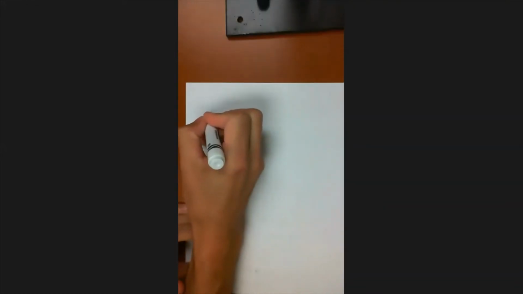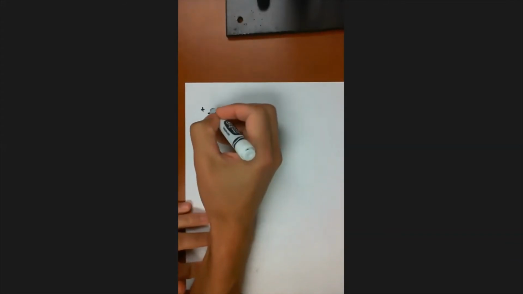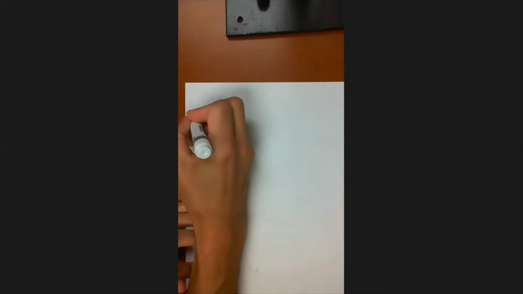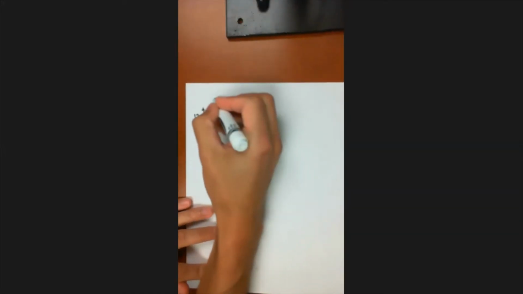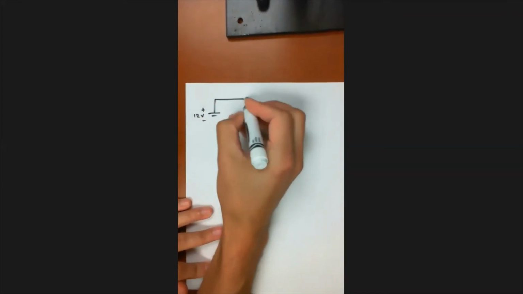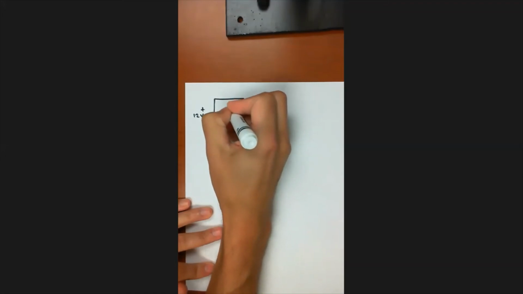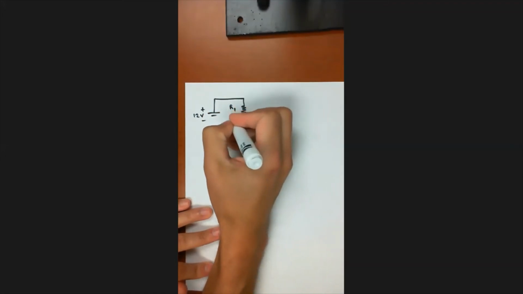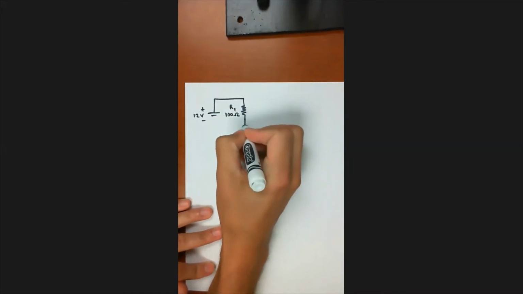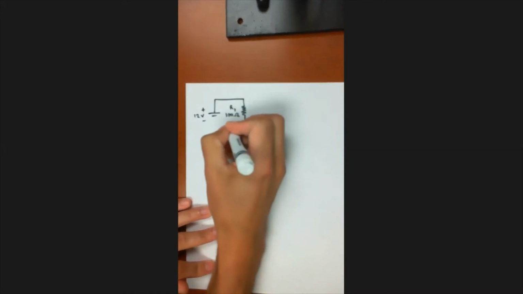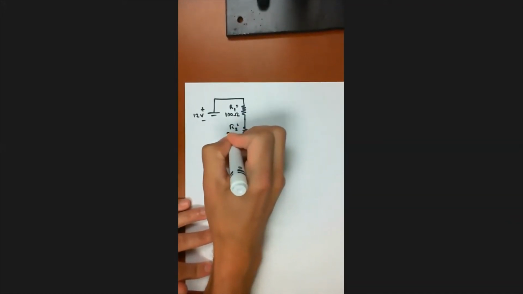I'm just making this up on the fly. Let's say that I've got a 12-volt voltage supply, and let's say that I've got R1, which is equal to 100 ohms, and R2, which is equal to 200 ohms.